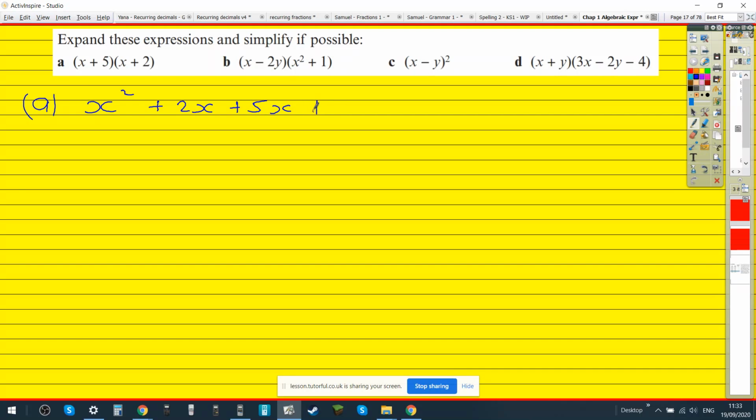And then, is that all? Or is there one more? There's one more. Oh, 5 times 2 is 10. Yes. Simplify where possible. So it'd be x squared plus 7x plus 10. Well done. And that'll come up a lot.